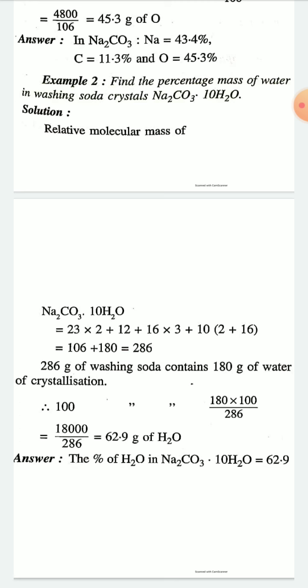So first you have to calculate the relative molecular mass of Na2CO3 dot 10 H2O, washing soda, and it becomes 286.